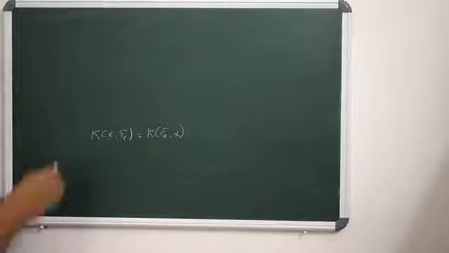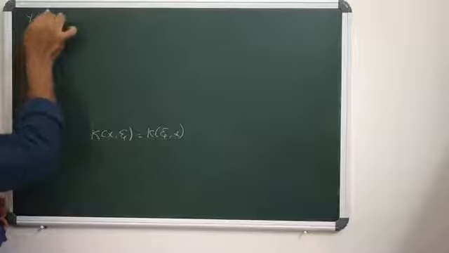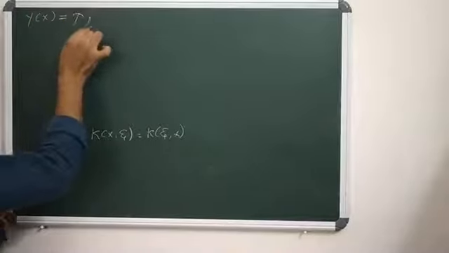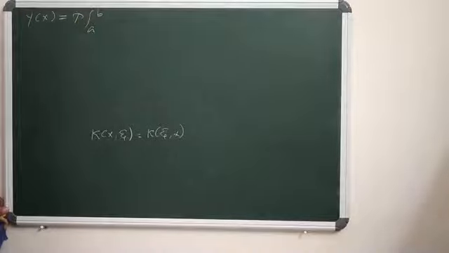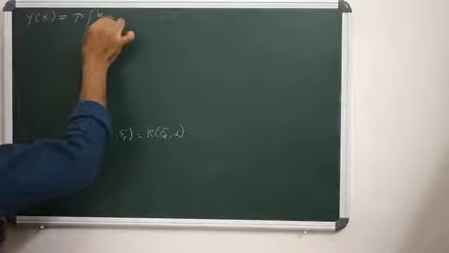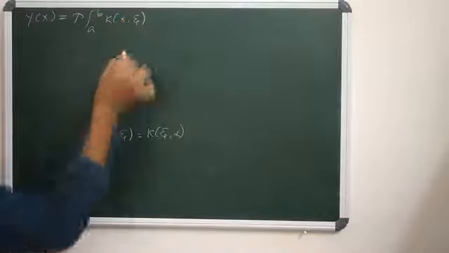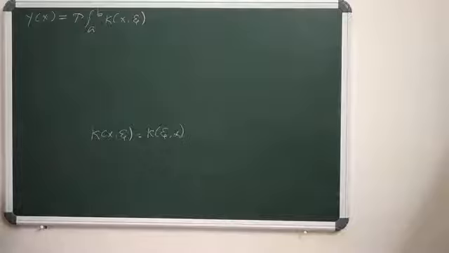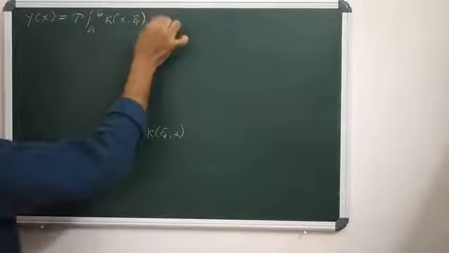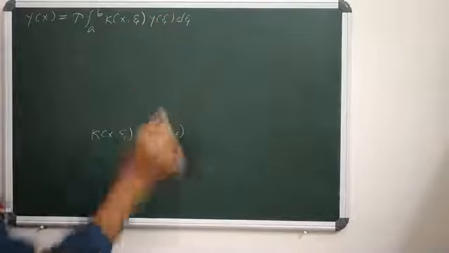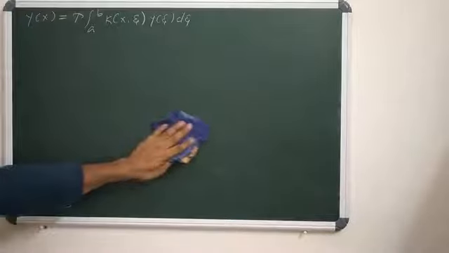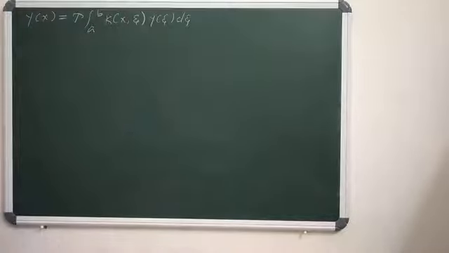So consider a characteristic equation: y(x) equals lambda integral from a to b of k(x, theta) y(theta) d theta, where k(x, theta) is a symmetric kernel. Consider this Fredholm integral equation.